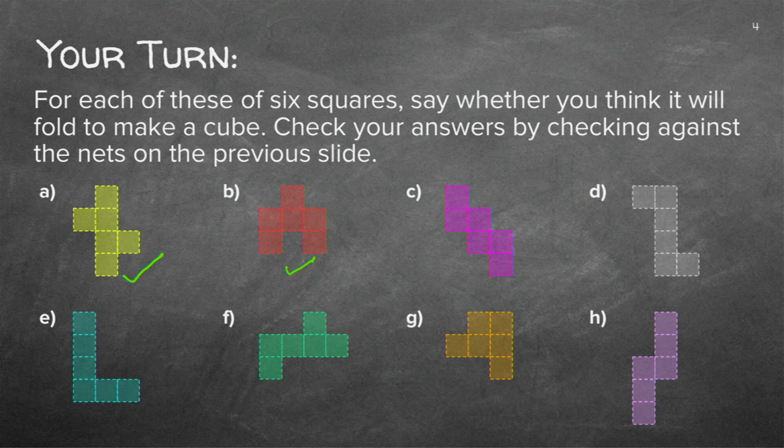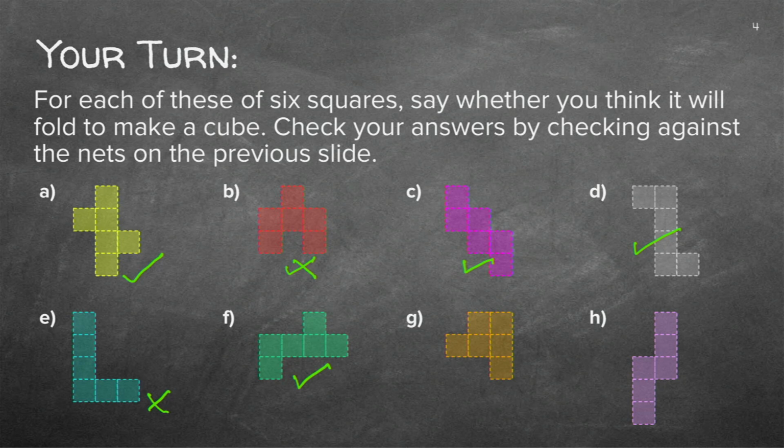Yes. D, I think that's easy, right? Would you be able to fold a cube? Yes. E, be careful with E. Do you think you'll be able to? No. And F, I think F is a very easy one.